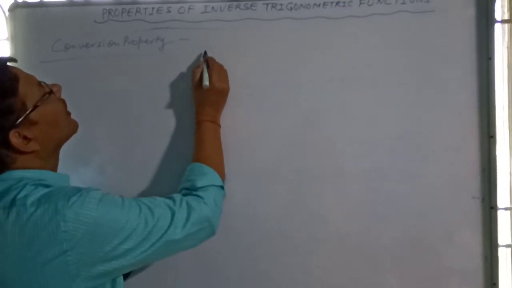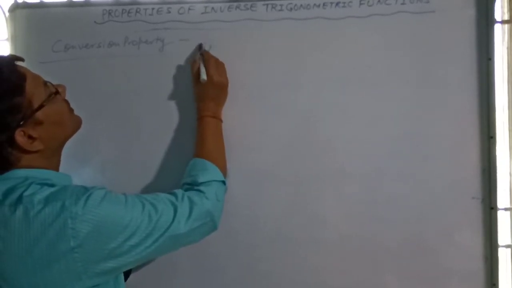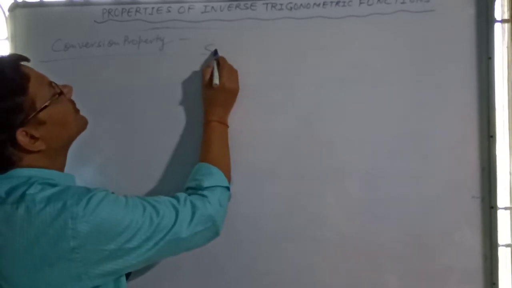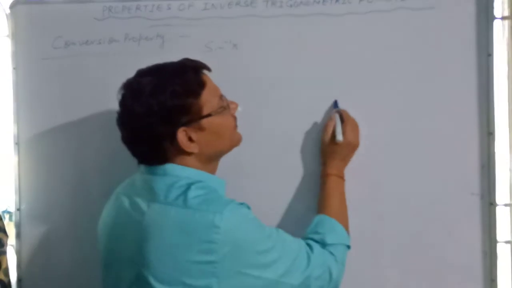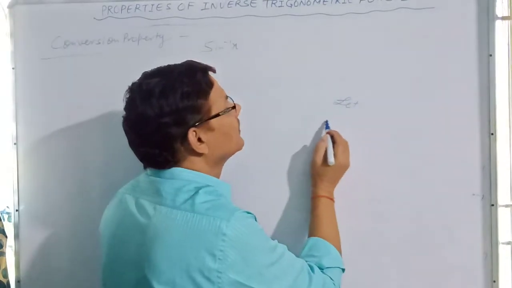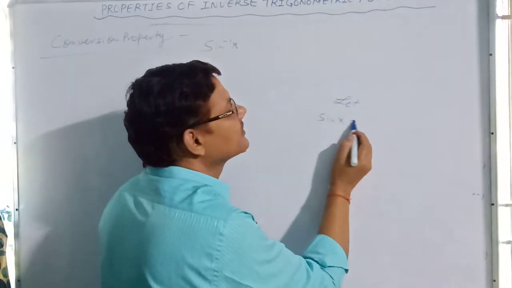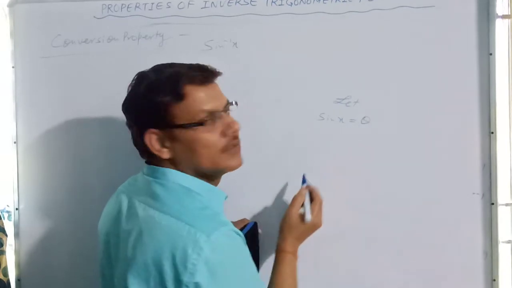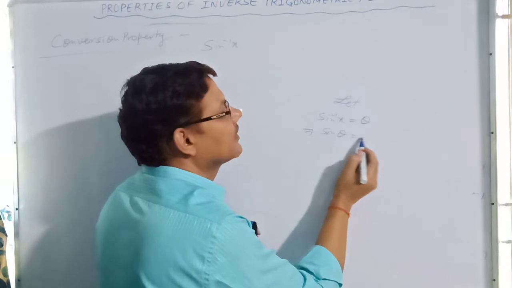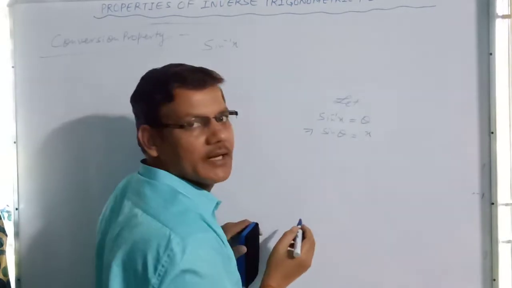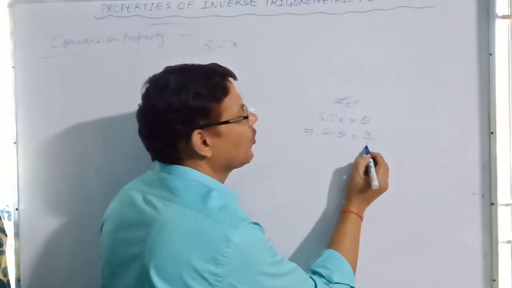I write only sin inverse x, it is very easy. Let sin inverse x be equal to theta. It implies sin theta is equal to x, and x is written as x by 1.